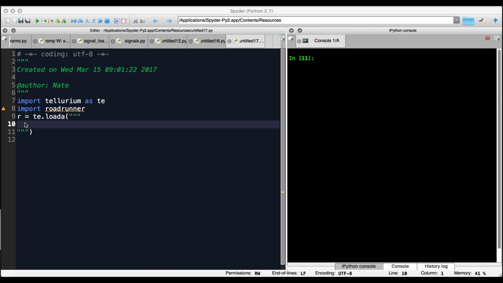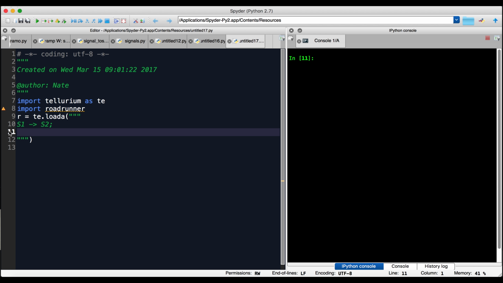Now in Tellurium, we're going to define our model. We're going to say S1 goes to S2, and S2 goes to S1, two different steps of the cycle.